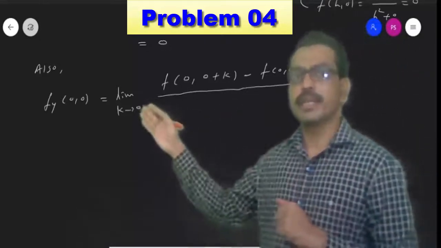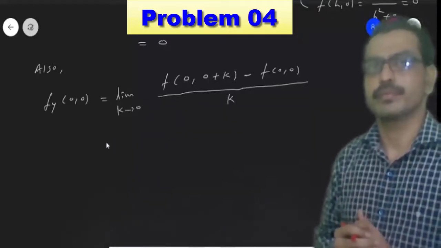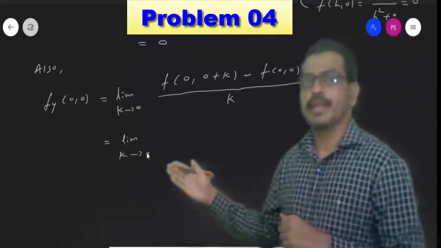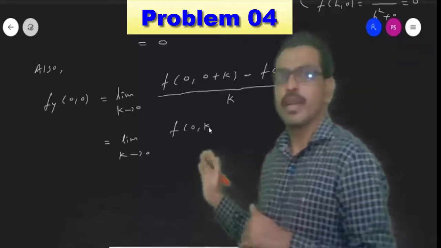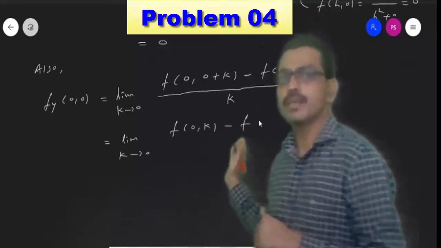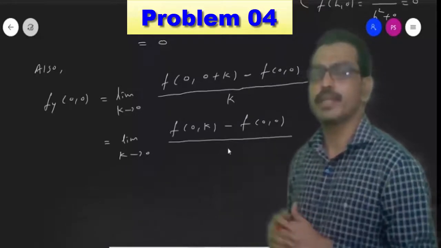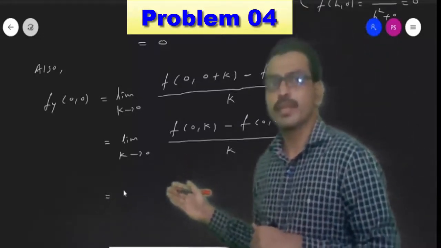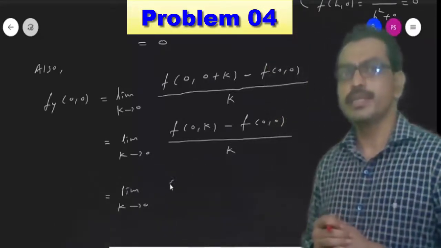That is, the limit as k tends to 0 of f(0, k) minus f(0, 0) divided by k, which is equal to the limit as k tends to 0.